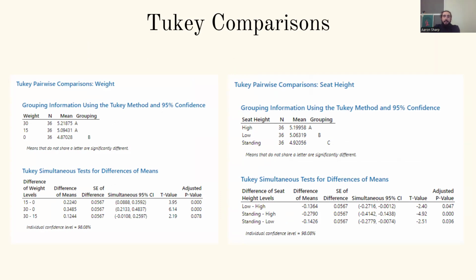Next, looking at the seat height, we see that the high seat height has the slowest time, the low seat height has the middle time, and standing has the fastest time. All of those are statistically significant from each other.